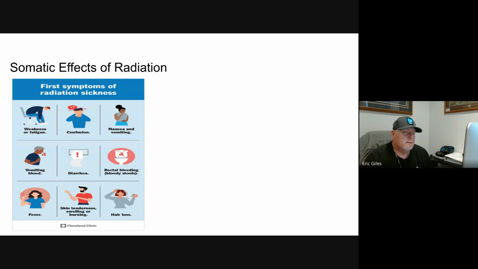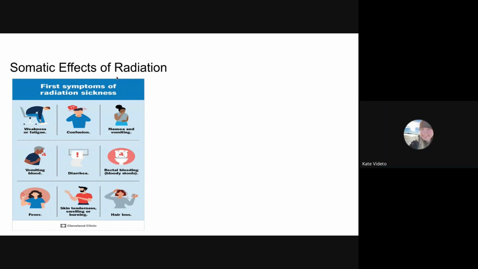Us as occupational people, we wear dosimetry badges. That tells us how much radiation we've been exposed to. As far as how much a patient has been exposed to, that's kind of hard, not knowing their history. But that's a good question. I don't know if there's an actual way for us to figure that out. I'm sure there is. Let me look into that a little bit. Okay, thank you.